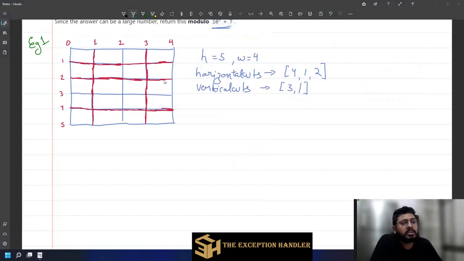So let's have this example where your height is 5 and width is 4. Your horizontal cuts are 4, 1 and 2, and vertical cuts are 3 and 1. I have drawn the piece of cake which has height 5 and width 4, and the red lines mention the cuts given by these two arrays.